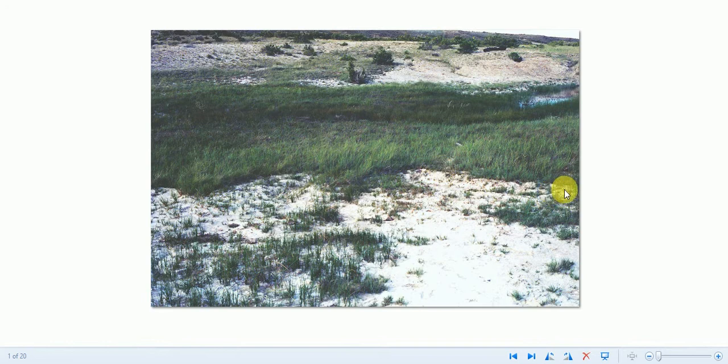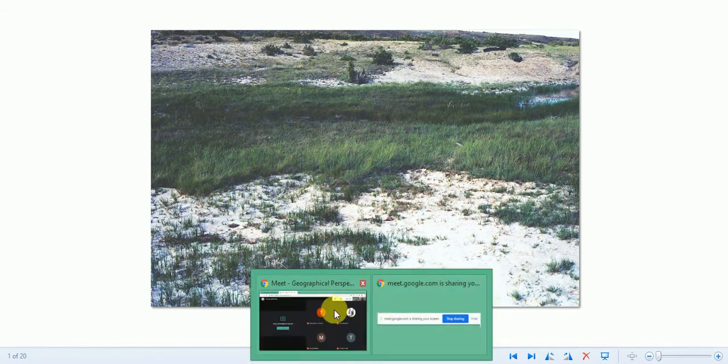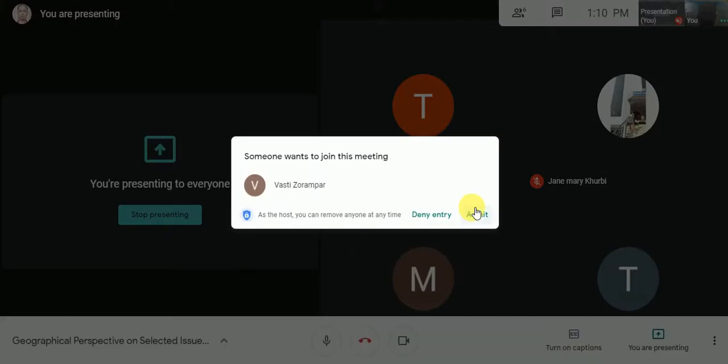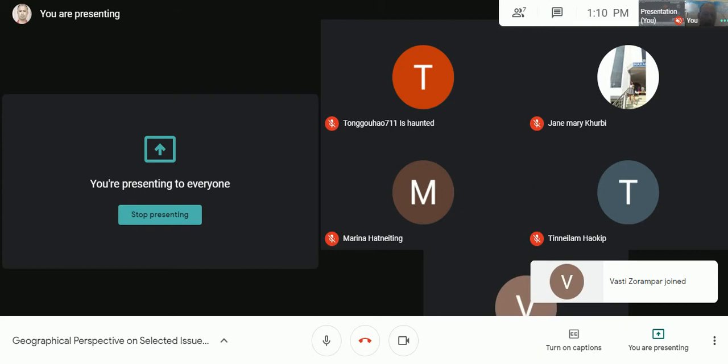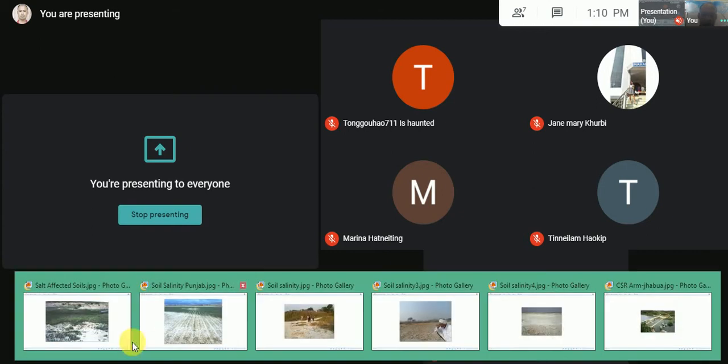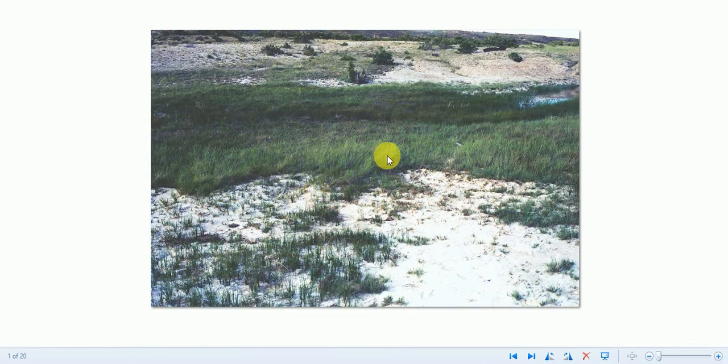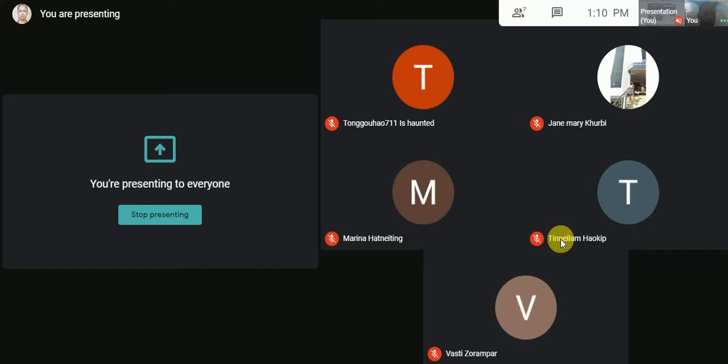That is, salinization has taken place here. I think you are seeing salt crystals here. So this is the photograph showing soil salinization. You are seeing salt crystals, the white areas.